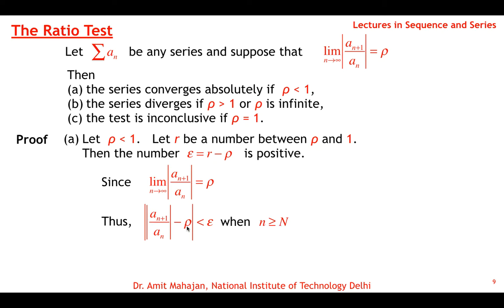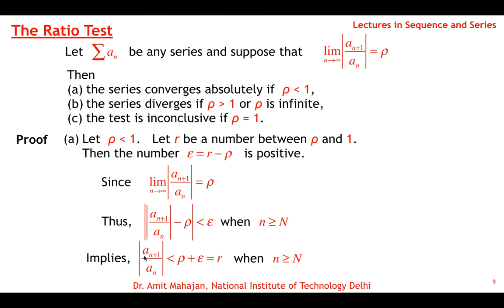If we open this modulus, we can write that the absolute value of this ratio is less than rho plus epsilon, and rho plus epsilon we have chosen to be r. So the absolute value ratio is less than r for all n greater than or equal to capital N.